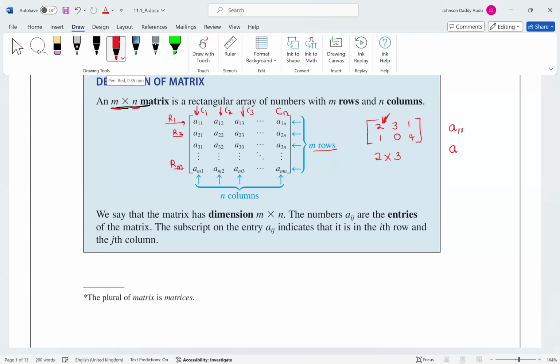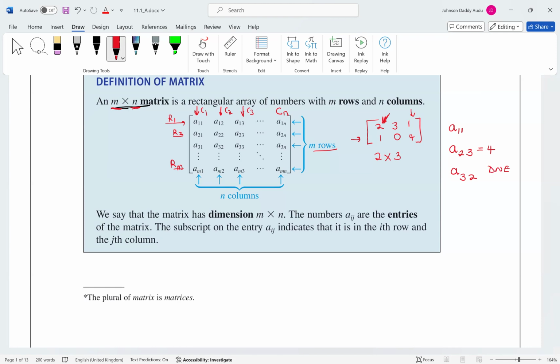Element a_23 is the element in the second row and third column, so it's 4. Now, a_32 does not make sense because this matrix does not even have row 3. It stops at row 2. So this one does not exist, let me put DNE. This is how we define a matrix.